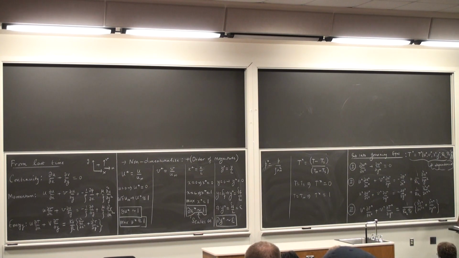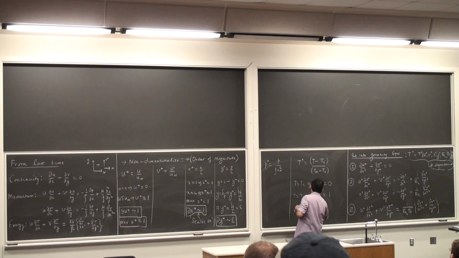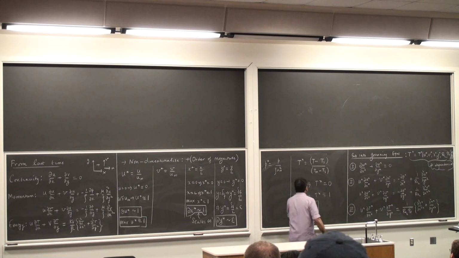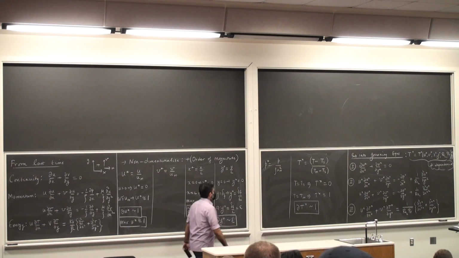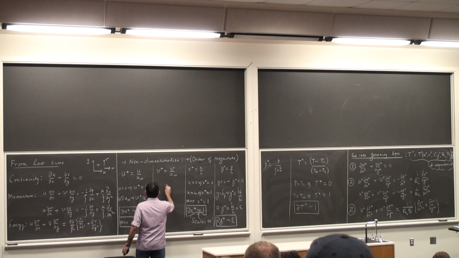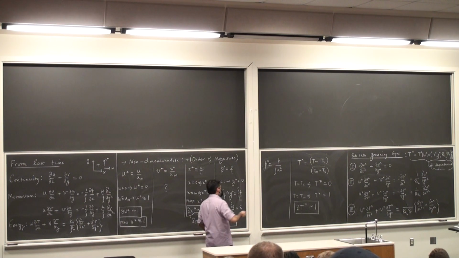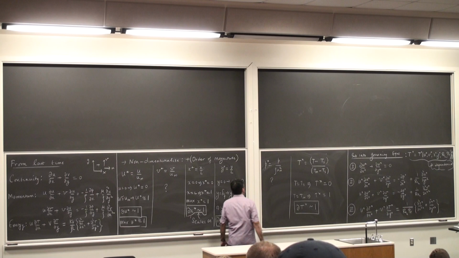The difference between the maximum and the minimum is the scaling of T star, so d T star scales as 1. So this is a big question mark. This is also a big question mark.